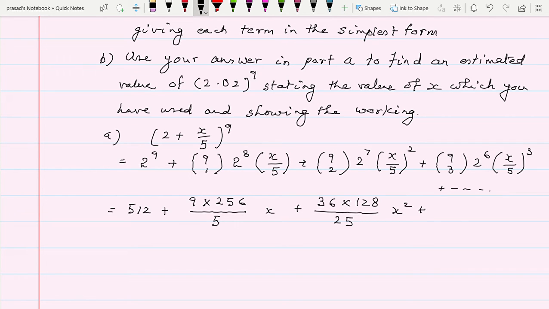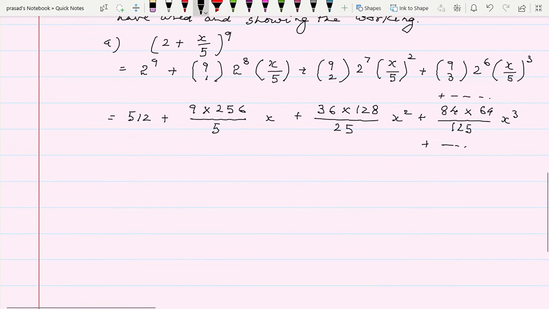Then 9c3, that is 84, 2 to power 6, that is 64, 5 cube, that is 125, x upon 5 the whole cube, that is x cube upon 5 cube, that is x cube upon 125, right? 125 here, x cube, and so on. So these are the 4 terms in the given expansion.